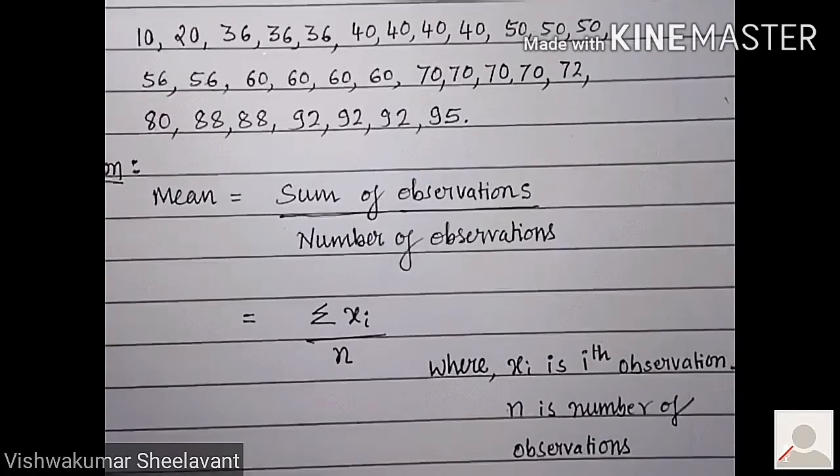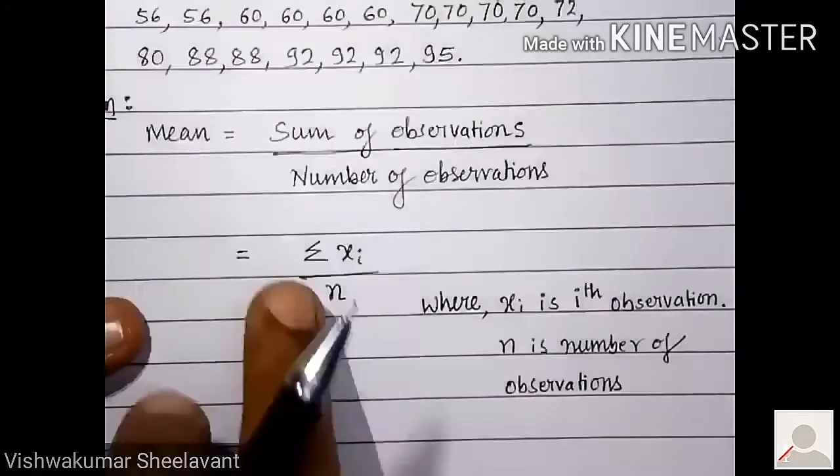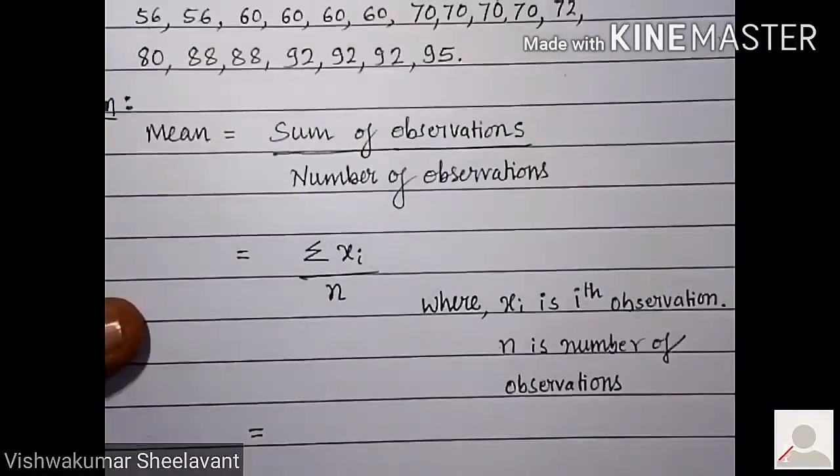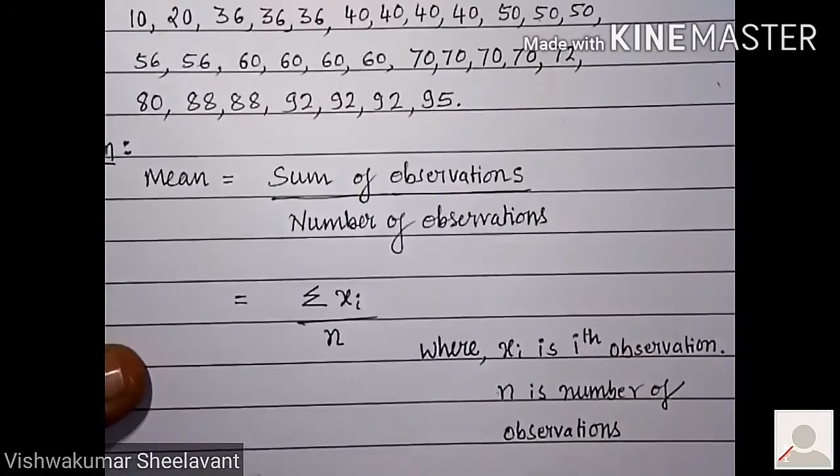N is number of observations. Next, we have to write sum of all the observations. To write sum, first we have to add them. So take first observation, go on writing them here.